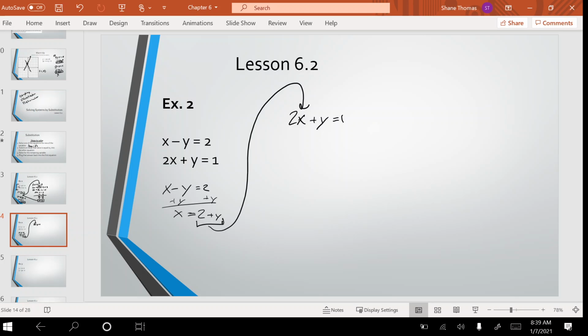All right, so 2 times 2 plus y equals 1. What x is equal to and for x. All right, so from there, what do I have to do? Distribute.